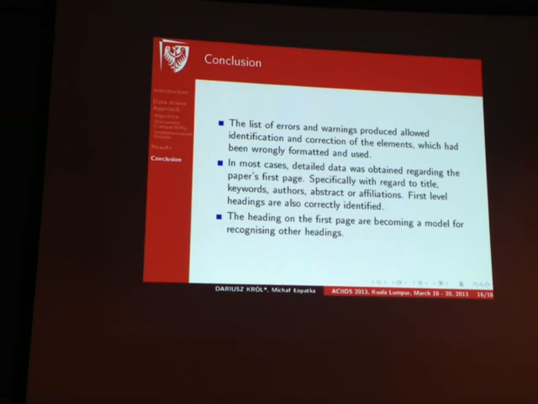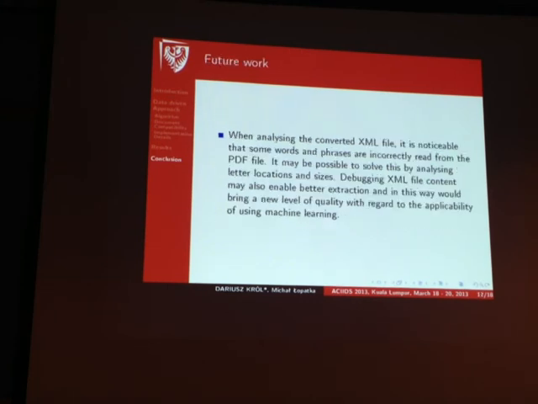The next conclusion is that first level headings, title, keywords, author, abstract, affiliation are the most important in this recognition. And the first page is a model for recognizing our headings also.